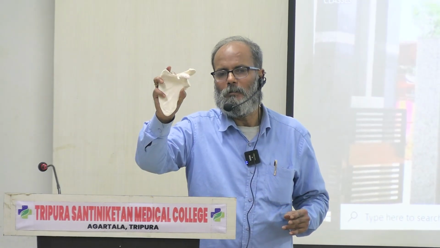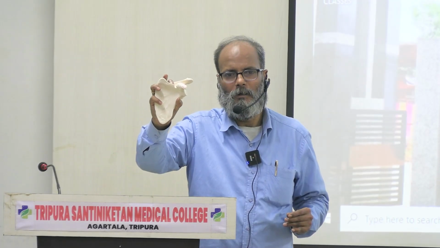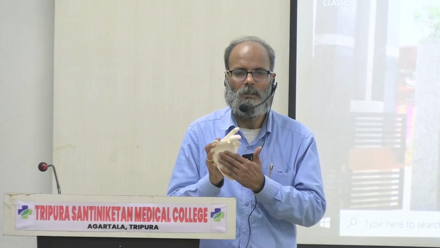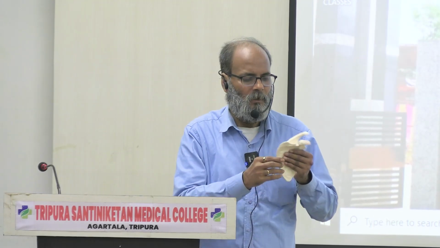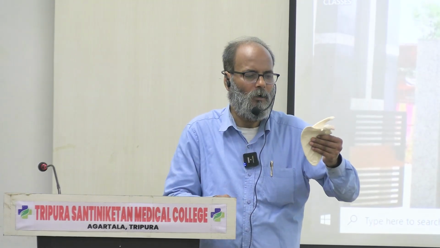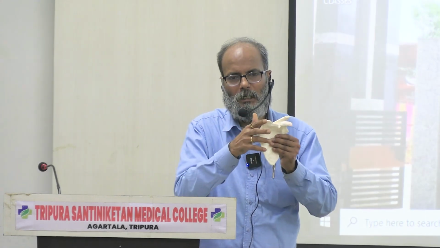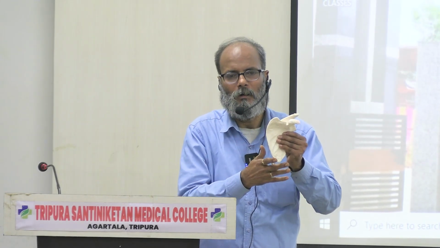Now, if you are given this scapula, we know there are two surfaces. This is the costal surface, this is the dorsal surface. Three borders: this is the superior border, this is the axillary or lateral border, and this is the vertebral or medial border.